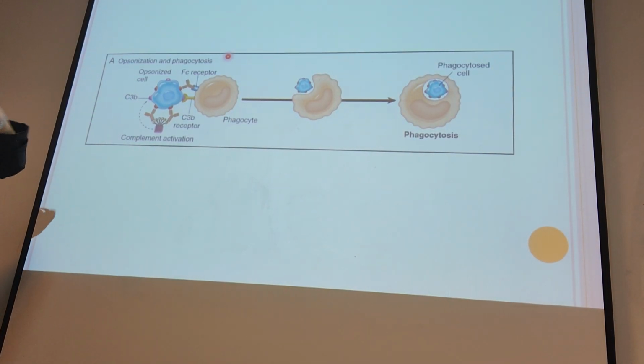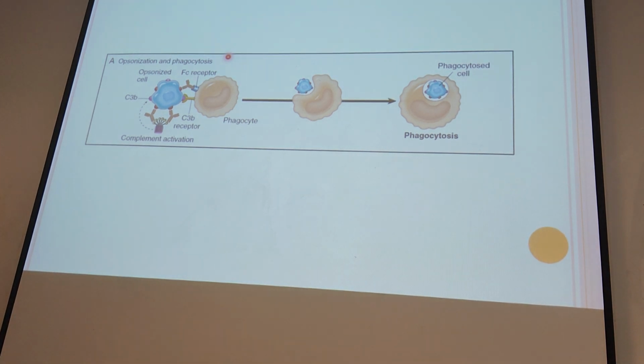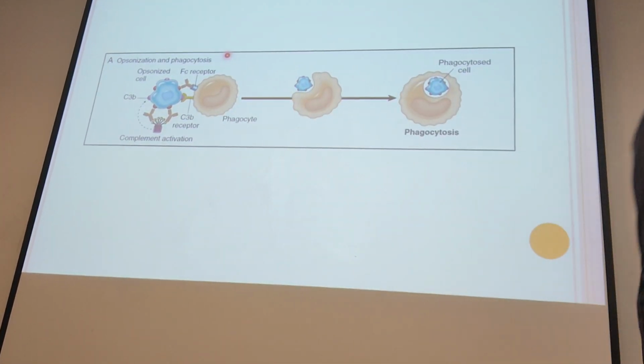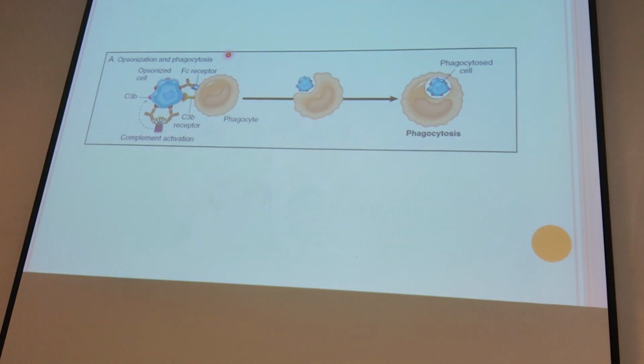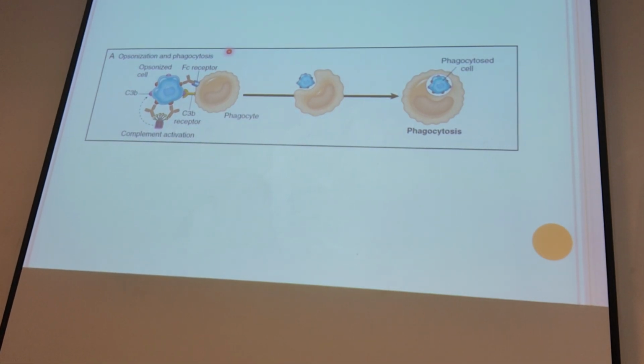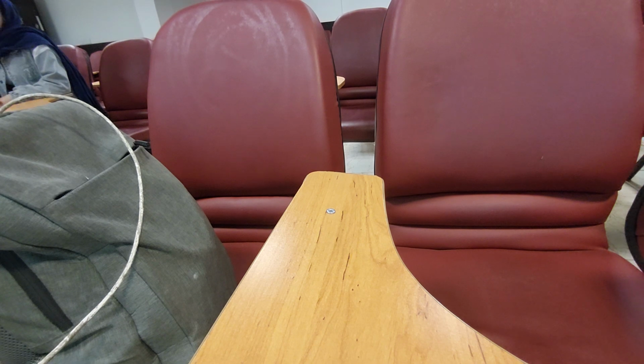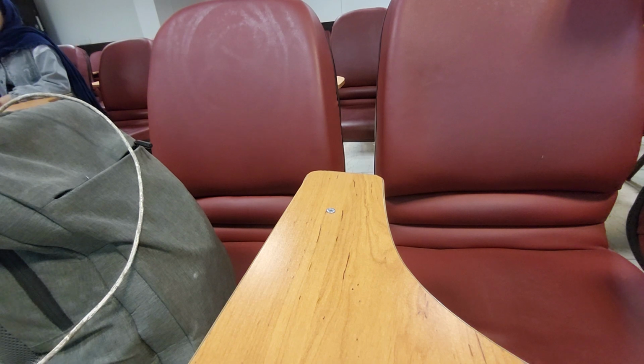Example here, can you explain this picture for me? Let's see. Come here and explain this. The activation of opsonins because the involvement of microbe inside the phagocyte, and this involvement causes release of some lysosomal enzyme, destroyed, right?